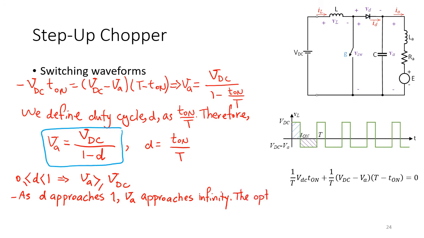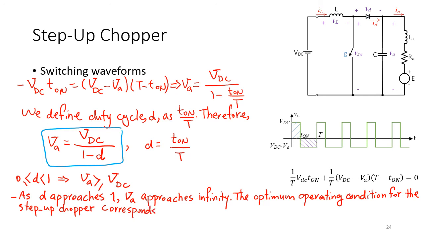The optimum operating condition for the step-up chopper corresponds to D around 0.5, which means VA is 2 VDC. Can anyone guess what the main problem is?